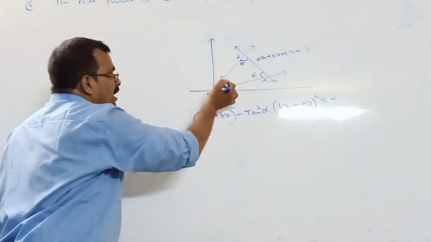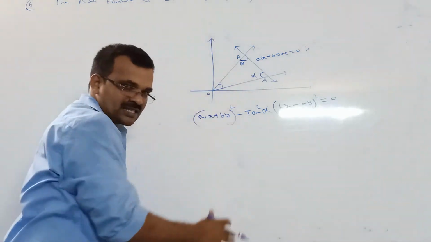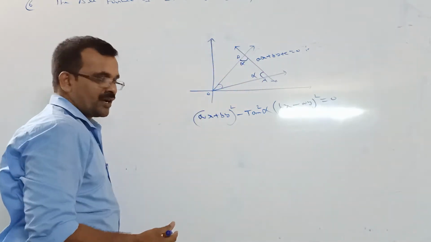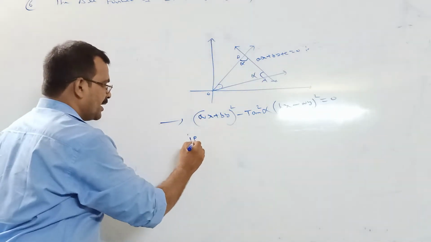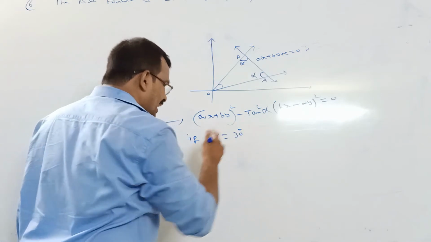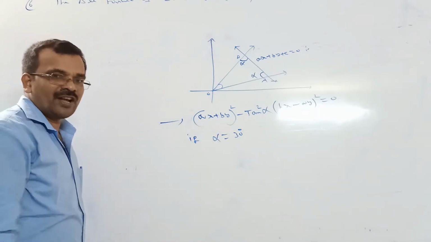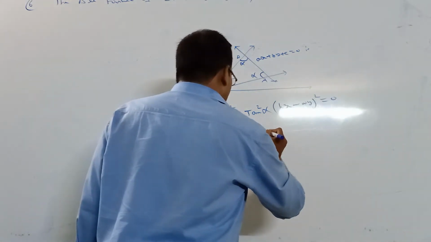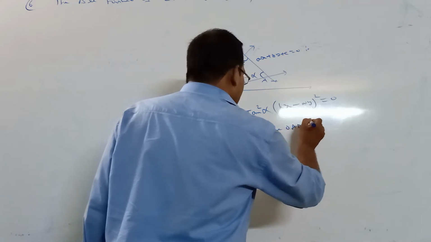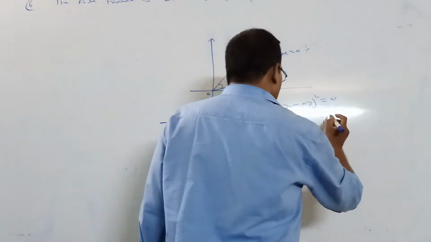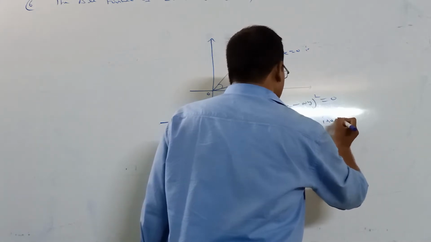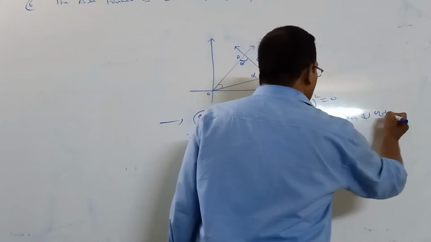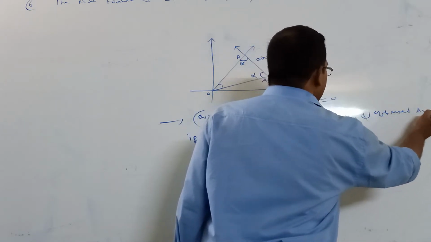Obviously here the triangle OAB is an isosceles triangle, where two angles are equal. In this case, this triangle is an isosceles triangle. For example, when I take standard angles, if alpha equal to 30, then triangle OAB is isosceles and obtuse angled.